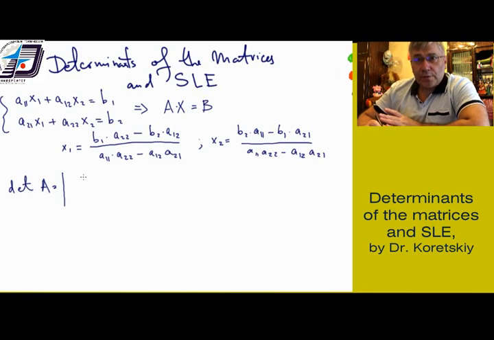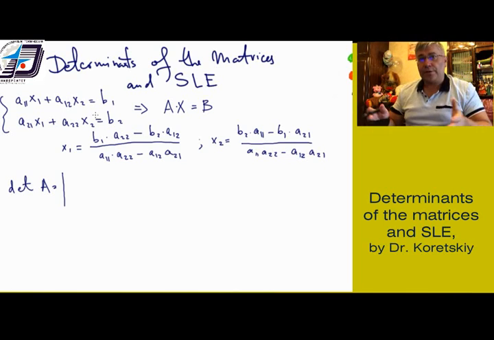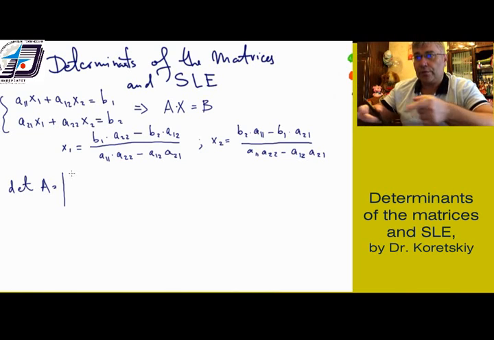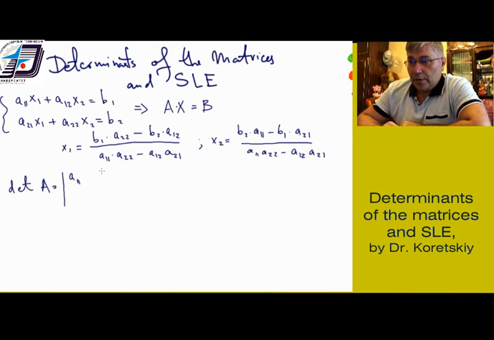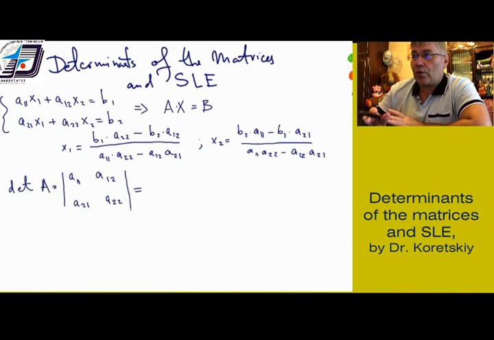It's kind of a matrix, but instead of parentheses, it has vertical brackets: A11, A12, A21, A22. To calculate determinants we have to use a cross rule. Some people call it the cross rule.